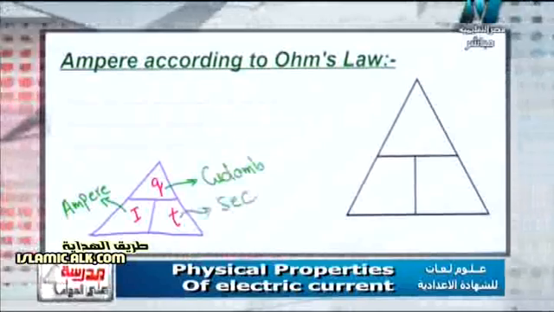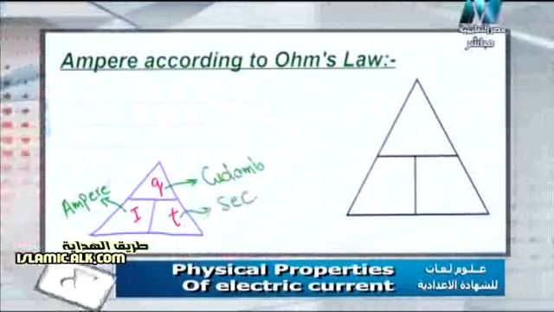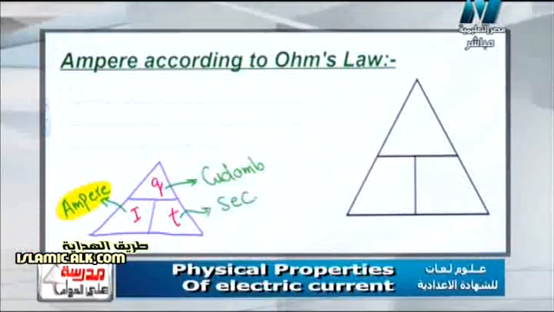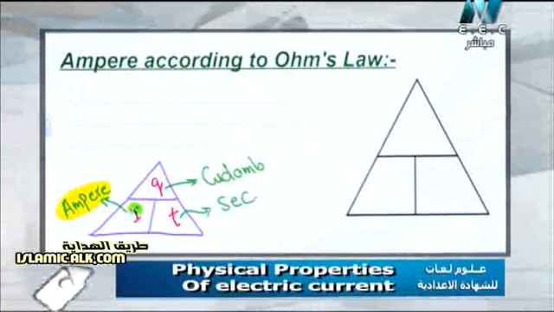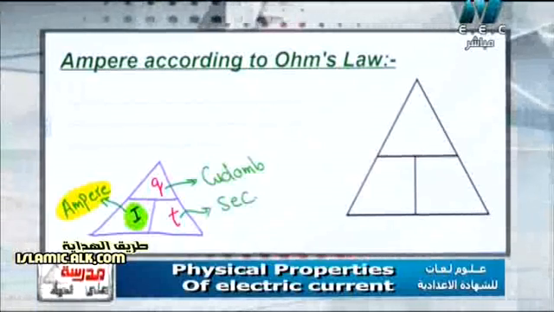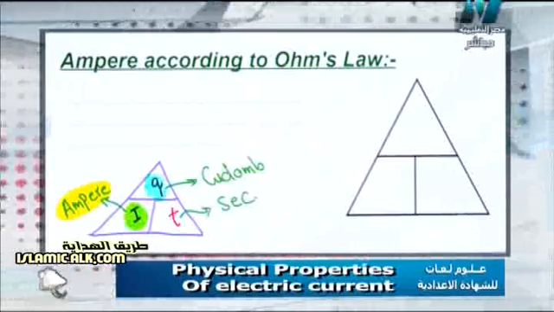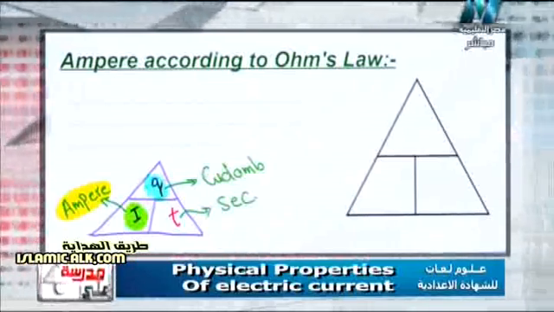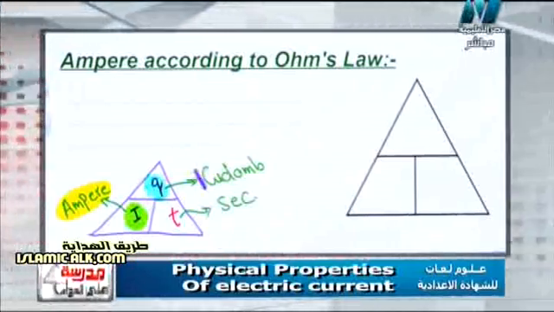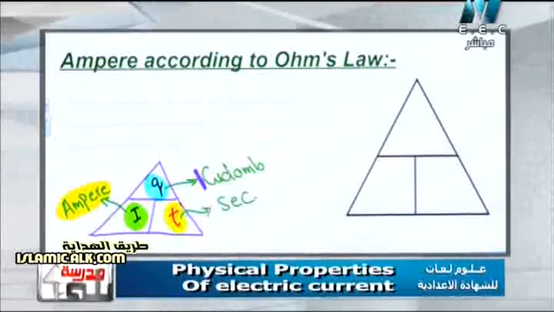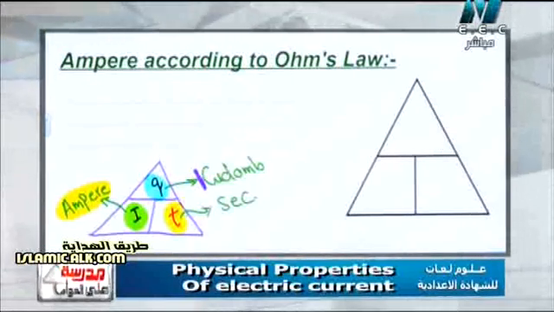So ampere is the electric current intensity when the quantity of electric charge equals 1 coulomb and time equals 1 second.